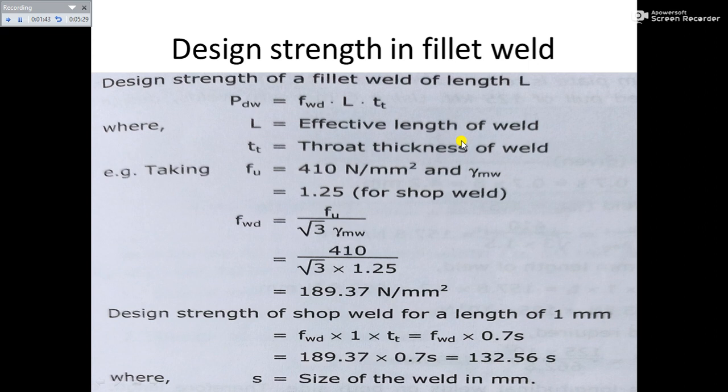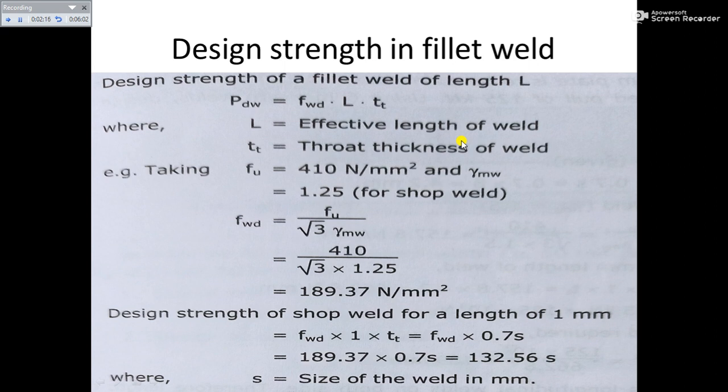Actually, in the guidelines we have T minus 1.5, but to make it a normal figure we are using T minus 2 to calculate the size of weld when it is not given in the problem. Then suppose here Pdw is equal to fwd into L into Tt. We consider fu as 410 Newton per mm square and gamma mw as 1.25, for shop weld.